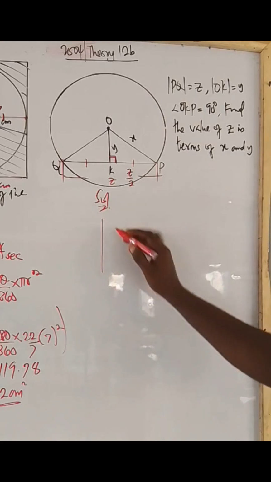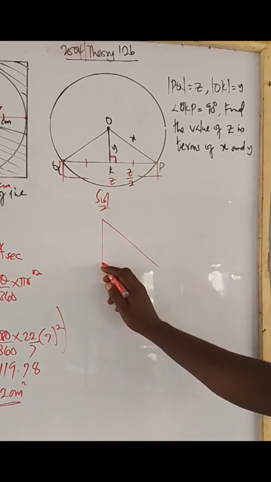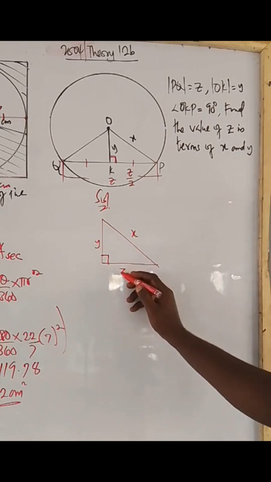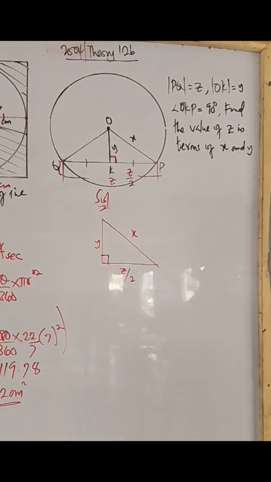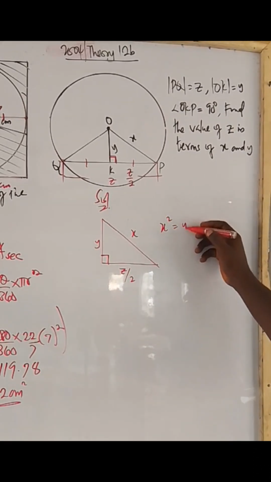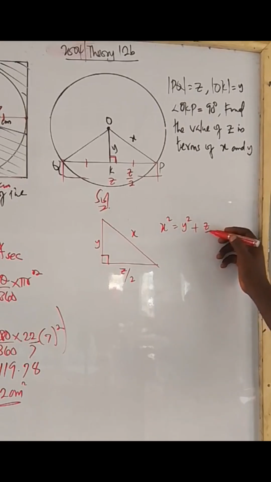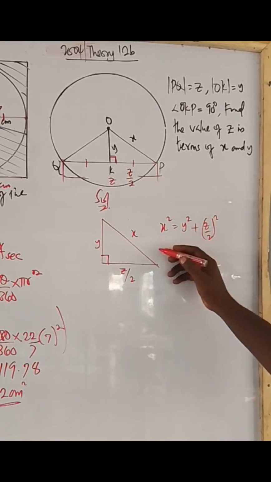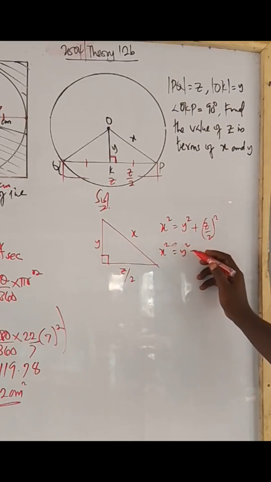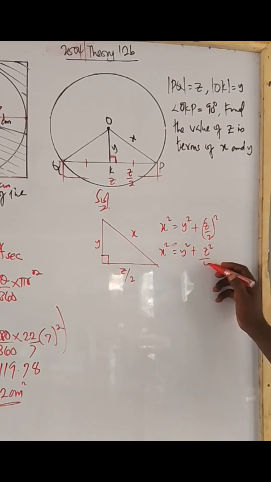So we can bring out this right angle triangle here. This is 90, this is Y, this is X, this is Z over 2. And from here we can now apply Pythagoras theorem, which says that the square of the hypotenuse equals the sum of the squares of the other two sides. So we have x squared equals y squared plus z squared over 4.